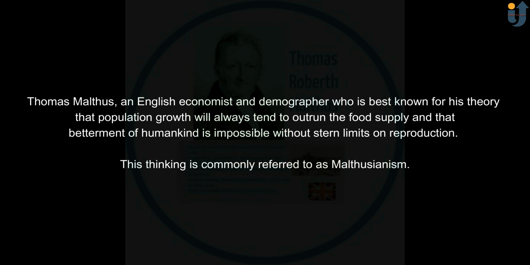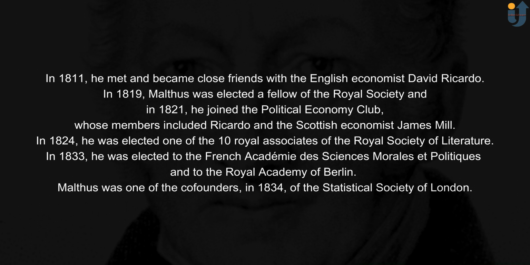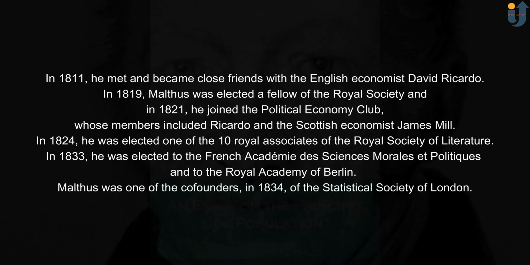In 1824, he was elected one of the 10 Royal Associates of the Royal Society of Literature. In 1833, he was elected to the French Académie des Sciences Morales et Politiques and to the Royal Academy of Berlin. Malthus was one of the co-founders in 1834 of the Statistical Society of London.